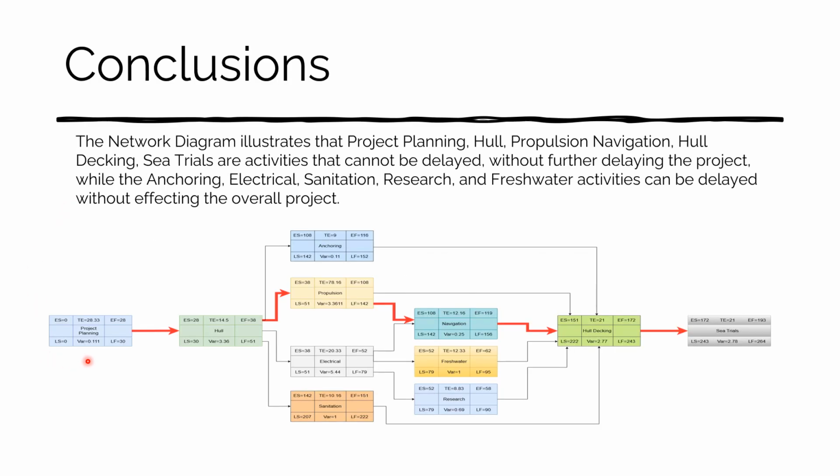It goes from the project planning into the hull, the propulsion, and then the navigation to the hull decking, and finally the sea trials. We have illustrated it here with the red line. These are items on this critical path. They cannot be delayed. If they are delayed, we know that the project as a whole will be delayed, whereas the anchoring, electrical, sanitation, freshwater, and research can actually experience a delay and not delay the project as a whole.